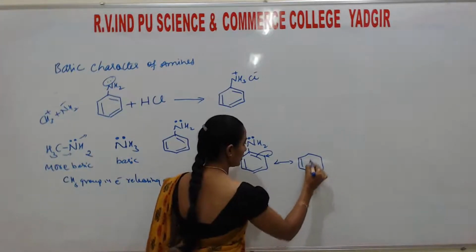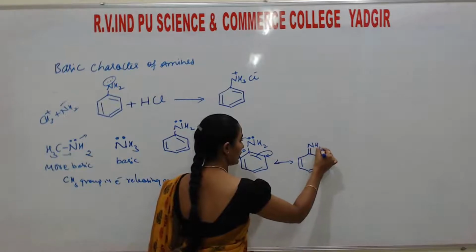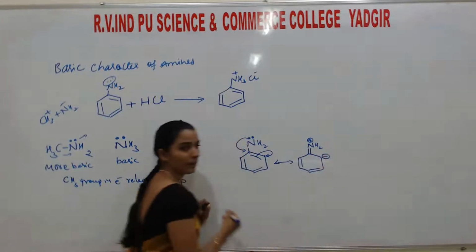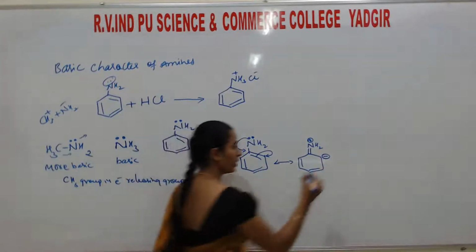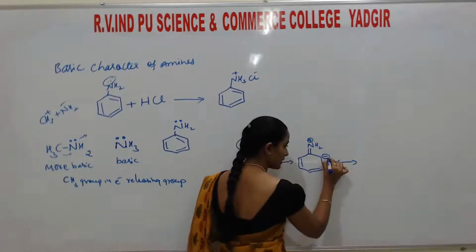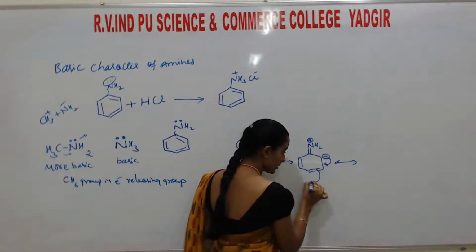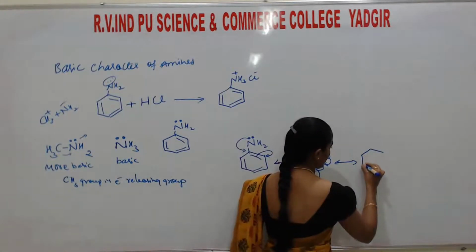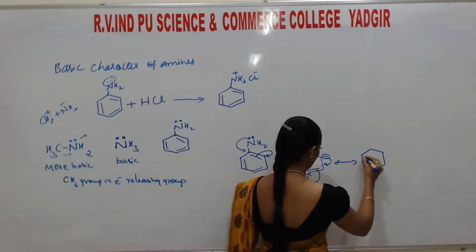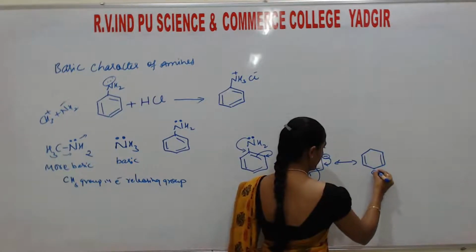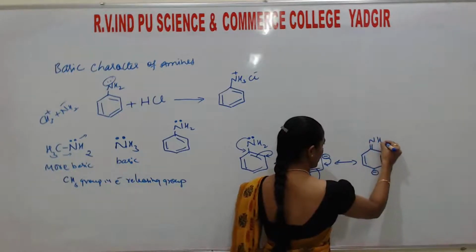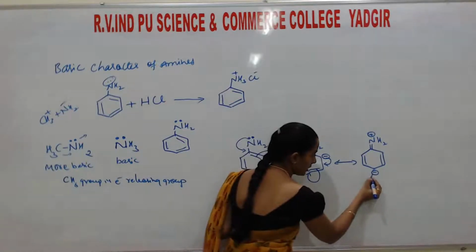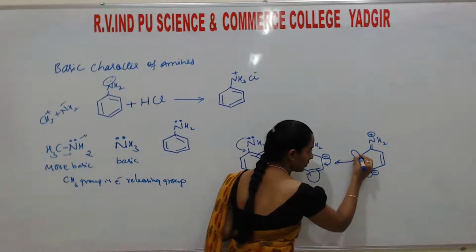Here one bond, here a double bond, and NH2 plus; the electron transfers here, meaning this will get a minus. Next, this electron transfers here and this electron transfers here. That means here it is a minus charge, a double bond, and NH2 plus. Correct? Next, these electrons transfer here and these electrons transfer here.